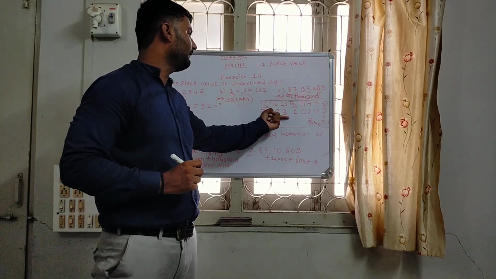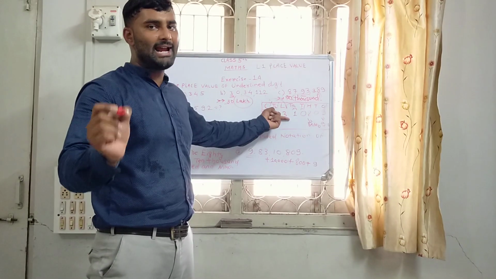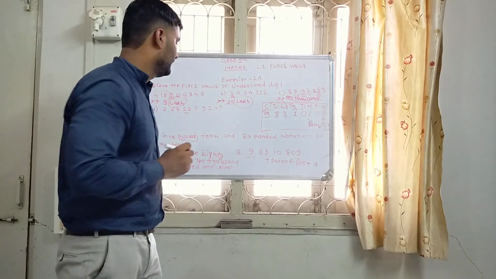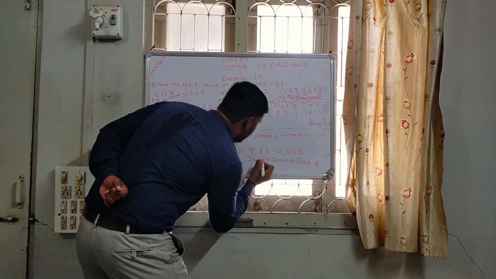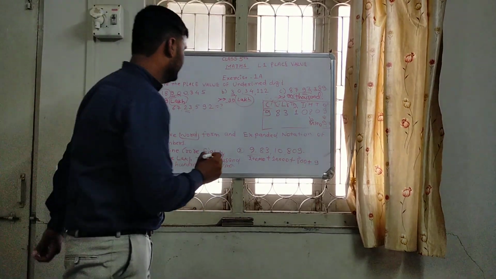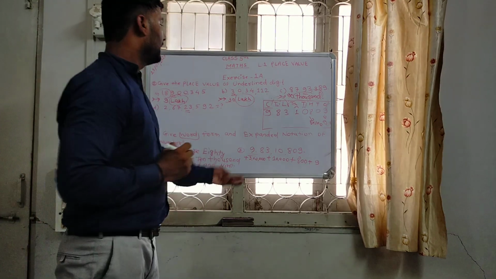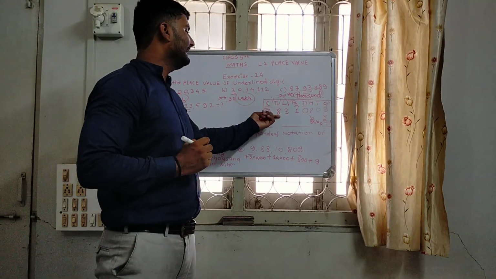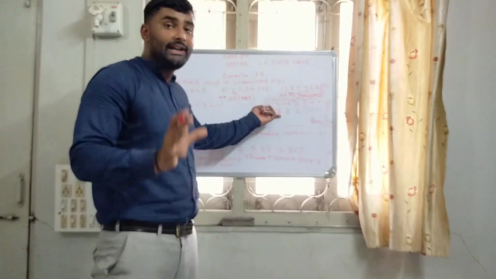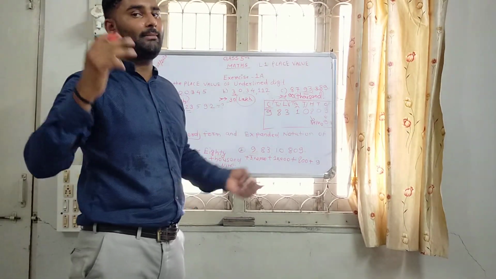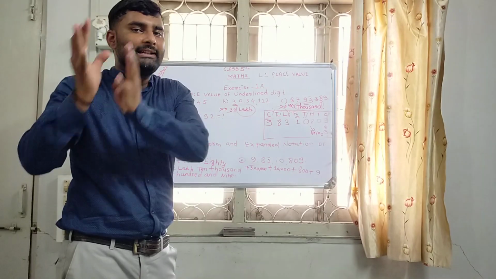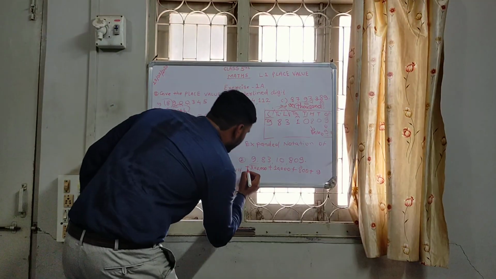That means the place value of lakh is 3 multiplied by lakh. That means 3 lakh. Okay. Now, how many 10 lakh are there? 8 10 lakh are there. That makes 8 multiplied by 10 lakh. That means 80 lakh. Okay.